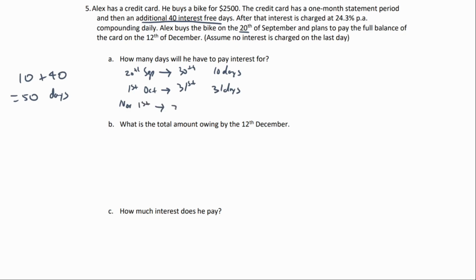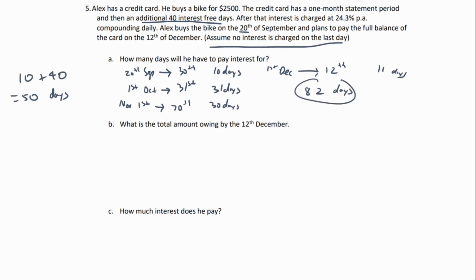November has 30 days. And then in December, it is from the 1st to the 12th, but the last day doesn't count. So that's only going to be 11 days there. It says assume no interest is charged on the last day.